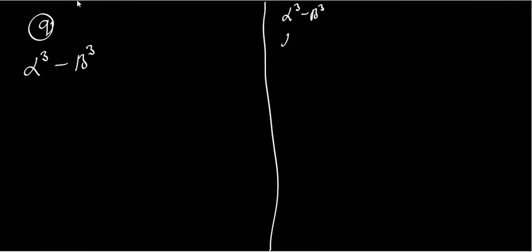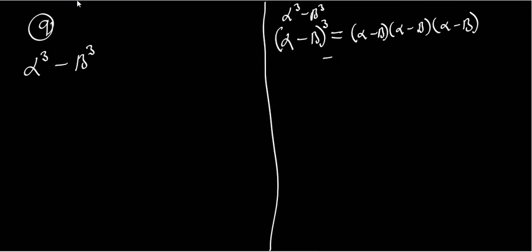Okay, so alpha here, where it came from, (alpha minus beta) cubed here, is equal to, how many are these? (Alpha minus beta), (alpha minus beta), again (alpha minus beta). So in short, I've gotten this one, (alpha minus beta) this side, right?